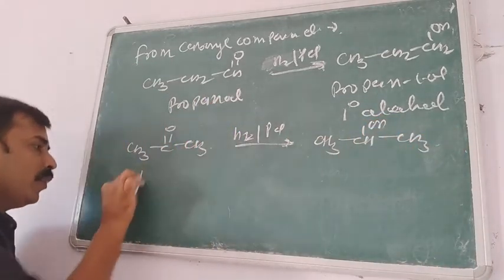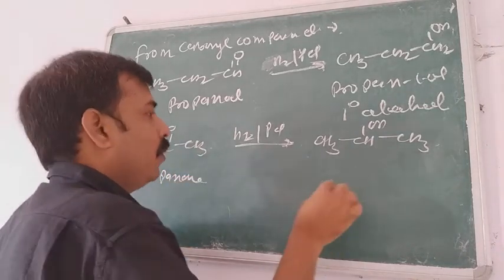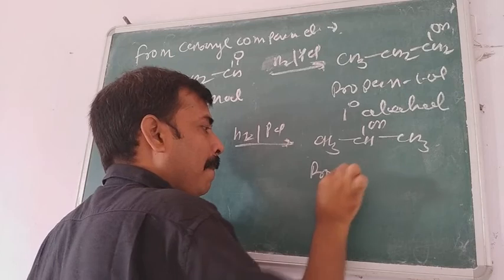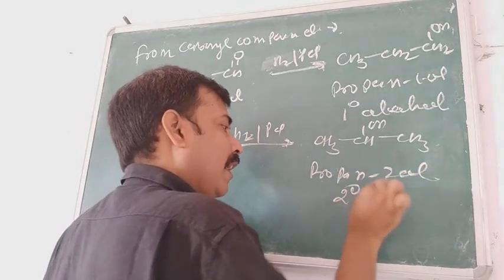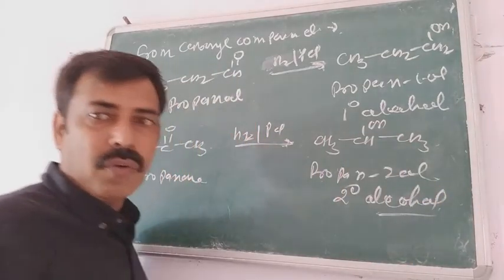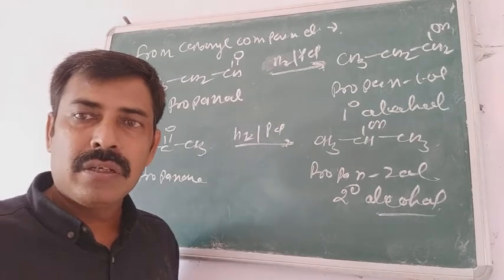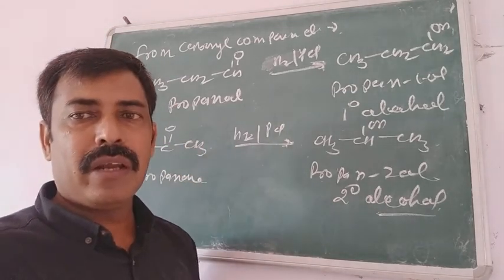The propanone turns into propan-2-ol, a secondary alcohol. So this is the secondary alcohol when we reduce the ketone, and when we reduce the aldehyde, it will be a primary alcohol.